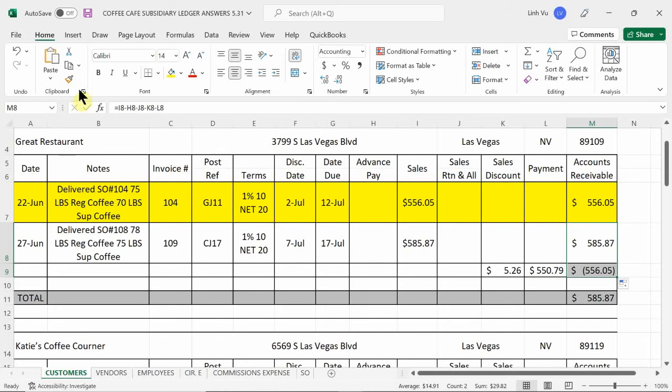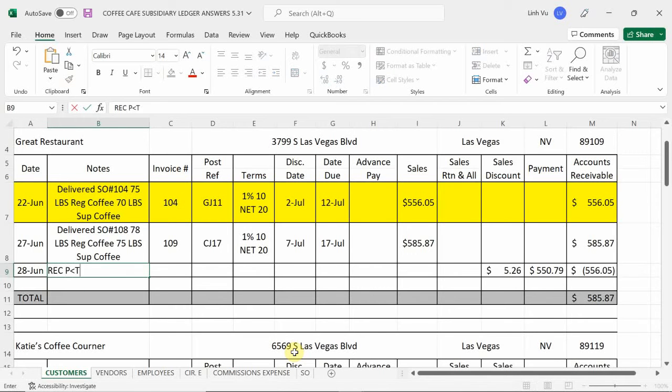So now, could we finish that row since we already know the check number? It's the 28th. Payment, check number 4512.